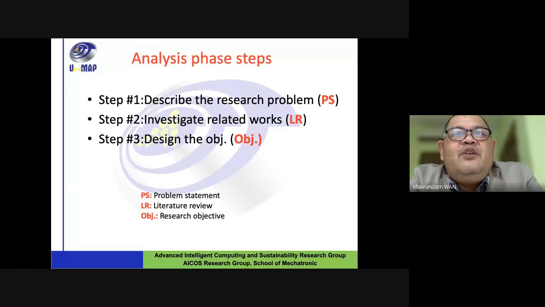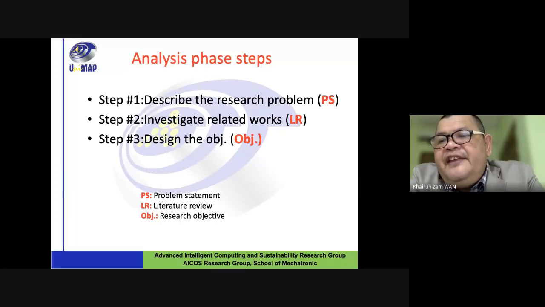OBJ is the research objective. For the final year project, the maximum number of research objectives for me is 3. Two is enough, maximum is 3, and 1 objective is not enough. So you can choose whether you want to produce 2 or 3 research objectives.